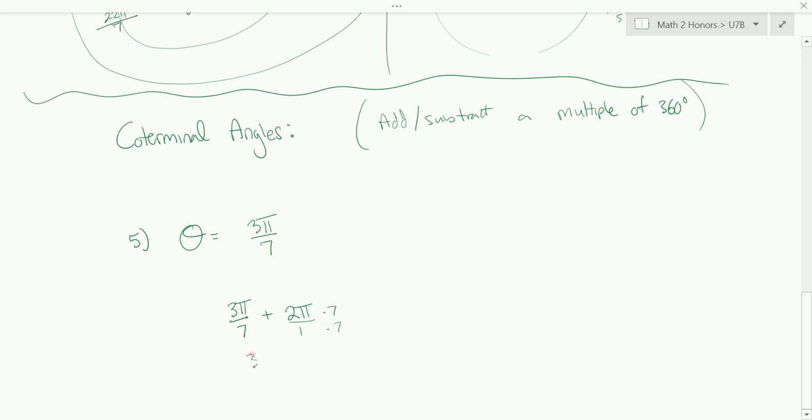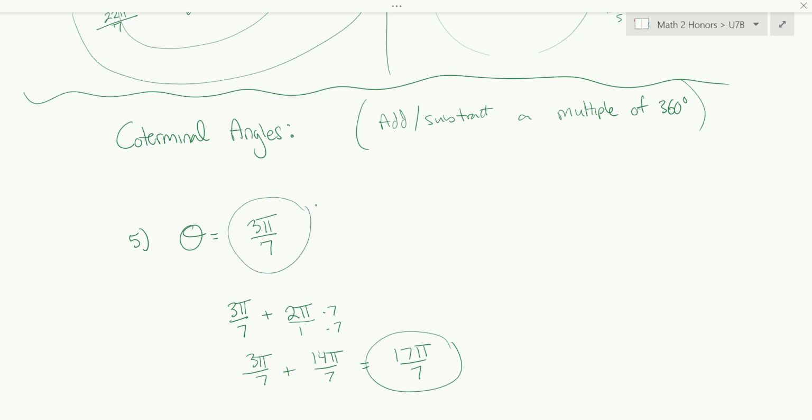And this becomes 3 pi over 7 plus 14 pi over 7, which is 17 pi over 7. Okay. So 17 pi over 7 and 3 pi over 7 are both coterminal. They're in the same exact location, pointing in the same direction.